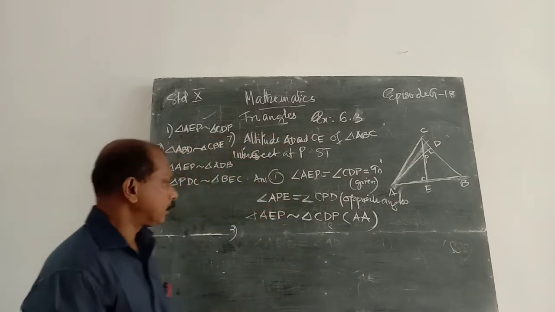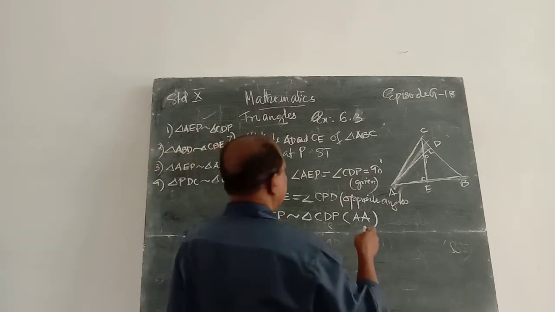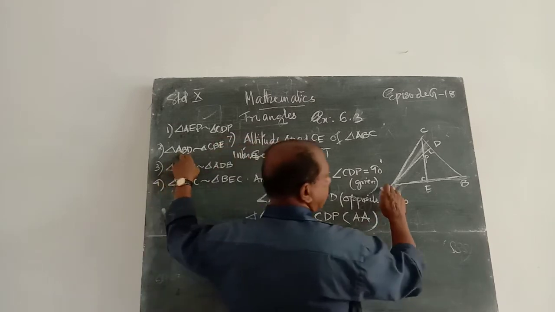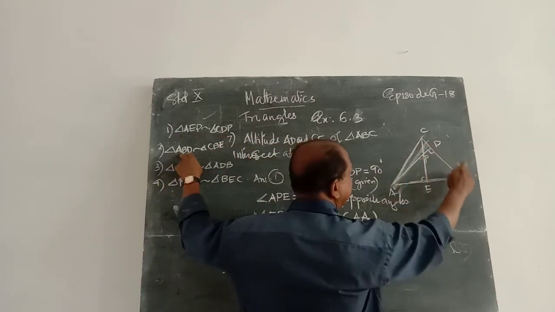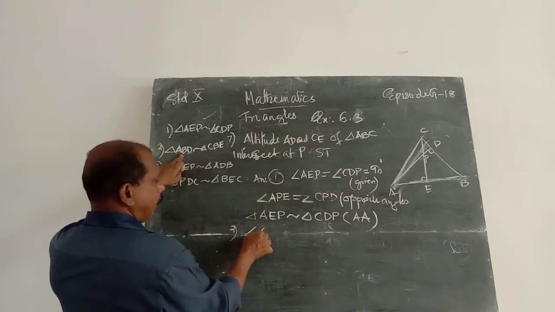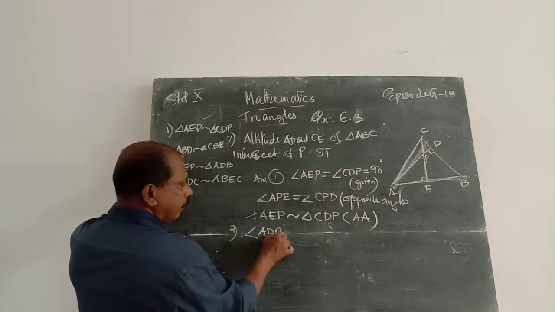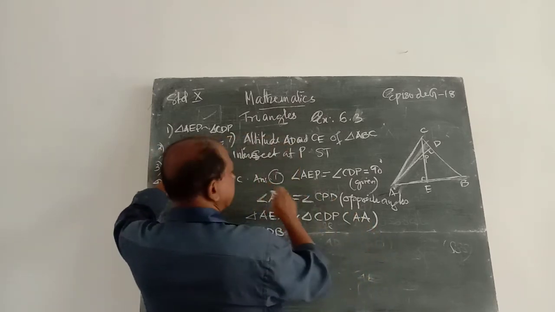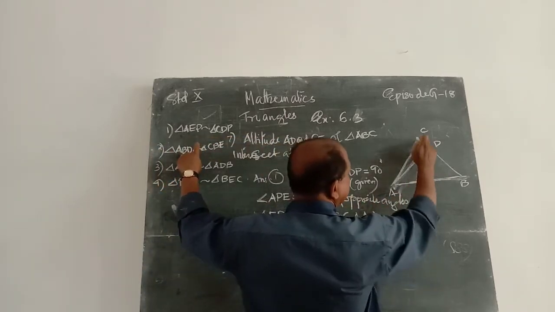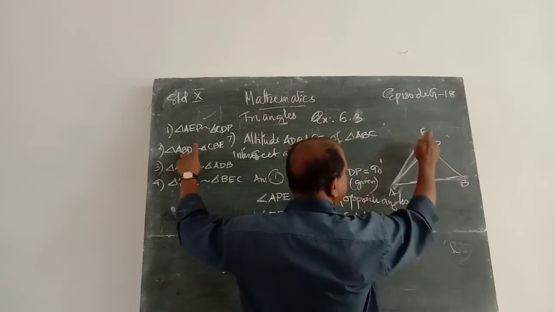These two triangles. That means triangle ABD, angle ADB is equal to, and what is the second triangle? CBE, so angle CEB.